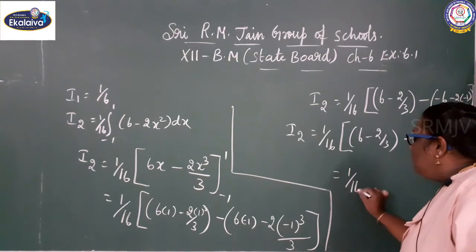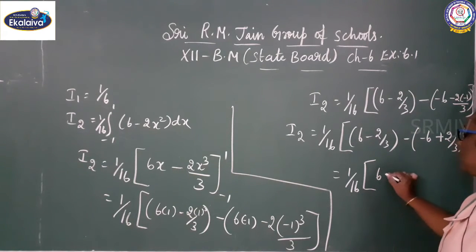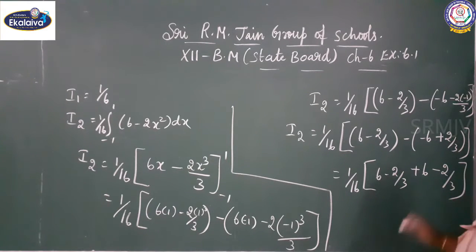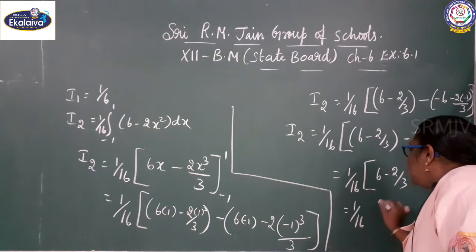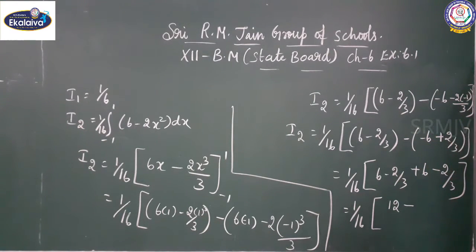It gives 1 by 16 into 6 minus 2 by 3, minus, into minus plus 6, minus into plus minus 2 by 3 minus 2 by 3. So 1 by 16 into 6 plus 6 is 12, minus, denominator was same, 3. So minus 4 by 3 minus 4 by 3.